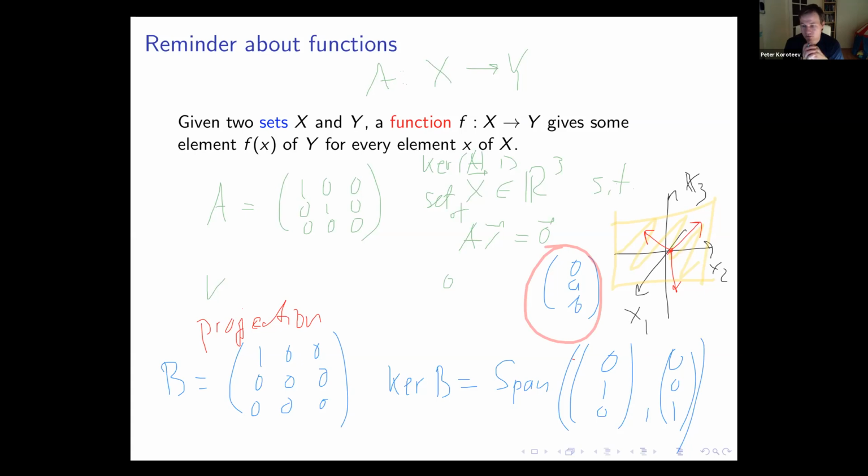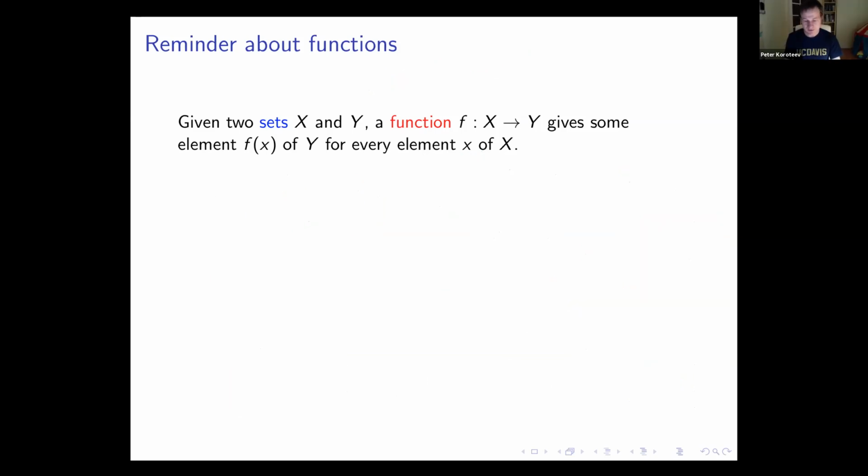A linear map's kernel is either just 0 itself, in which case the map is 1 to 1, or it's some infinite subspace which has infinitely many vectors. So typically kernel B is a span. We'll talk about kernels a bit later in the class, but it's good that we already started thinking about them.